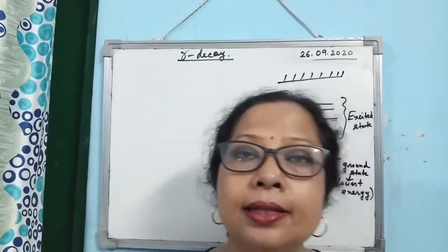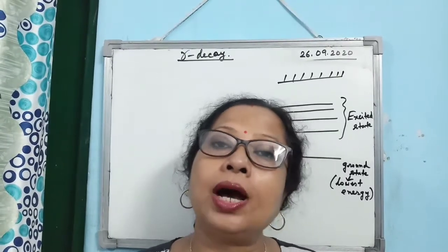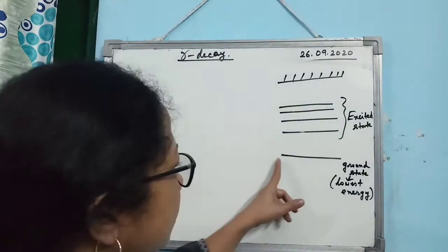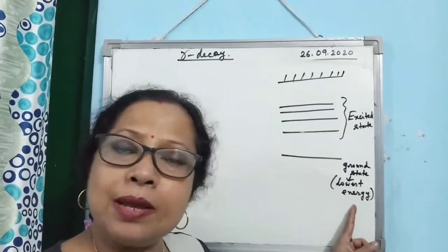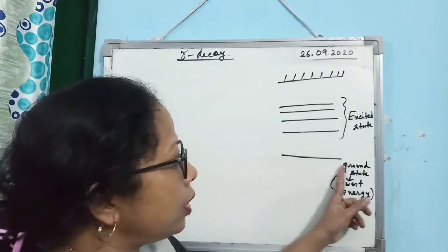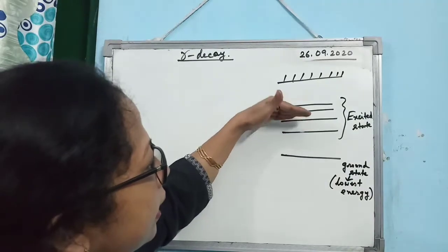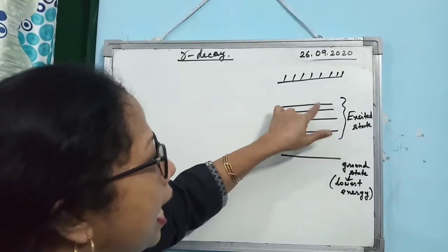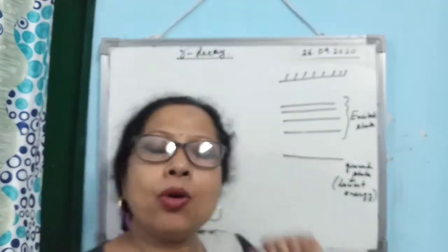They are representing the energy levels of a nucleus. Now you see the lowermost level, which has the lowest, the minimum possible energy, is known as the ground state. And the other energy states have higher energy than the ground state. Now what is happening?